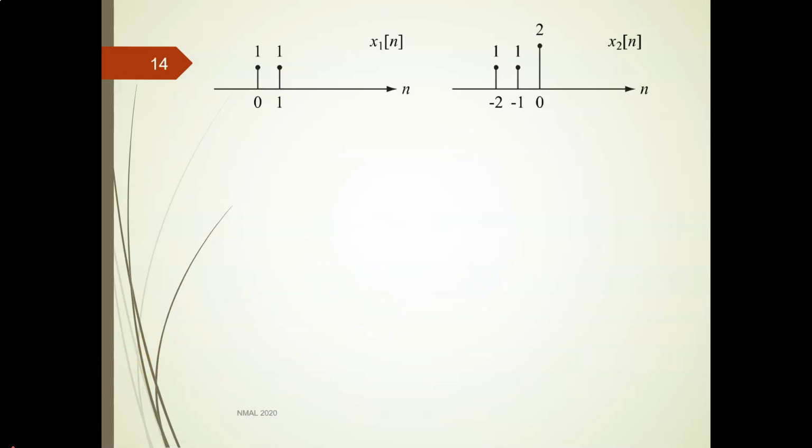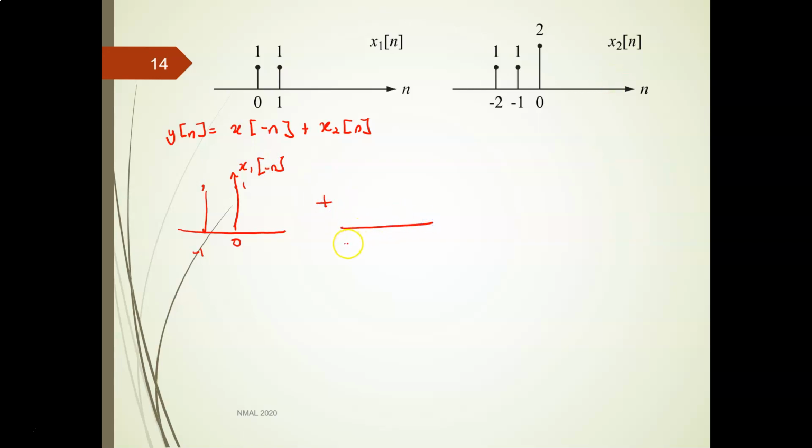Example here, the exercise 2, y[n] is equal to x1[-n] plus x2[n]. Okay, so what you have to do first is you perform the time reversal for x1[n] and it becomes 0 and also -1, and the value here is 1 and also 1. x1[-n], and then you add x2[n].